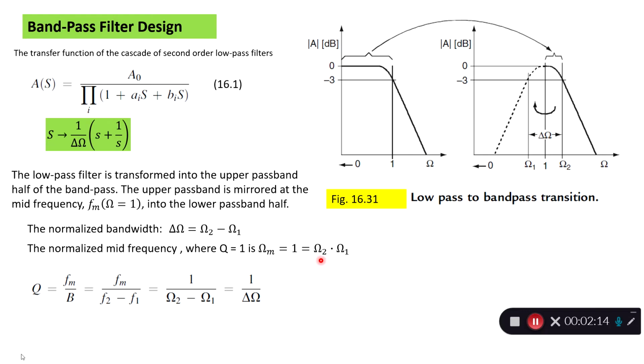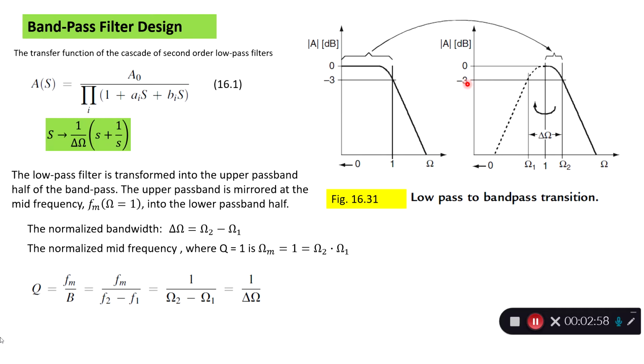And the normalized mid frequency is then also 1, because we have normalized it to itself. And we also have the factor that omega 2, the minus 3 dB point in the upper part, times omega 1, the minus 3 dB point in the lower part, will give 1, because they are normalized with the mid frequency. The Q factor is the mid frequency over the bandwidth. And the bandwidth, normally in the frequency domain when not scaled, is the higher frequency minus the lower frequency at minus 3 dB.